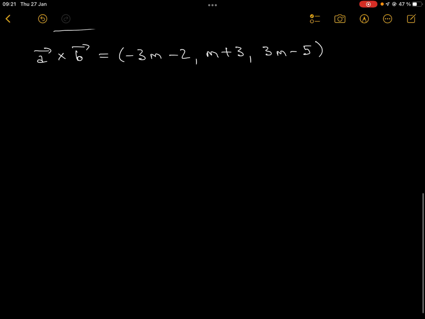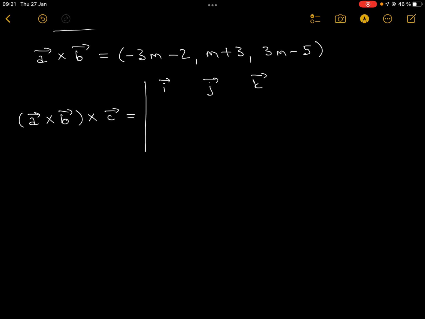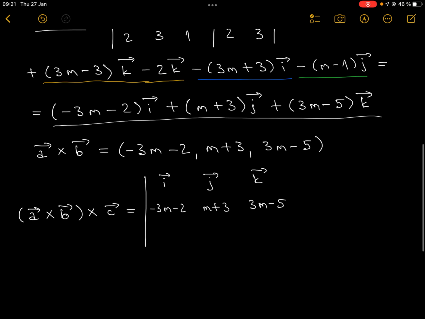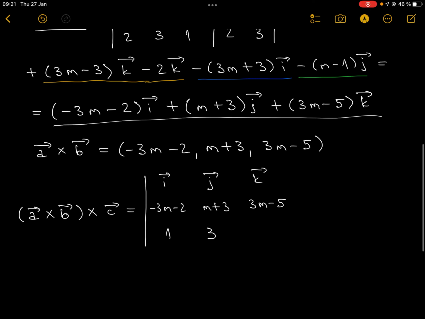Now, what we want to calculate next is the cross product of a cross b, cross product c. And we'll go ahead and do something very similar. So i, j, and k, then minus 3m minus 2, m plus 3, 3m minus 5, and finally c, which is 1, 3, and 2.